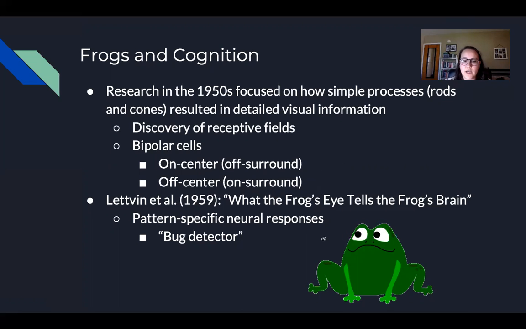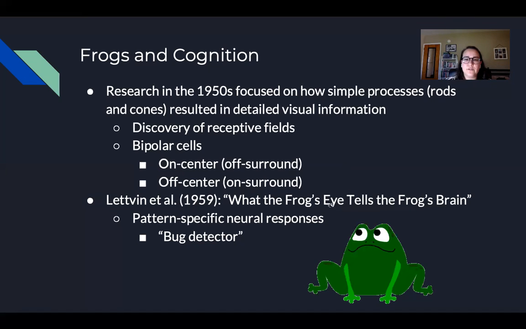And one such type of this specialized neuron they called the bug detector, as these were the neurons that would respond when there's any sort of small zigzagging pattern that the eye was picking up. So like that of a fly.